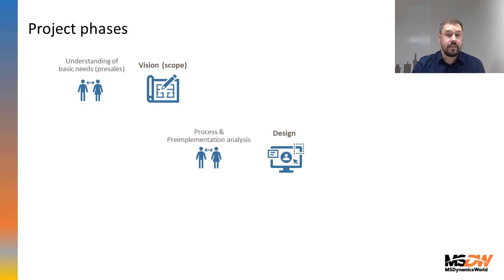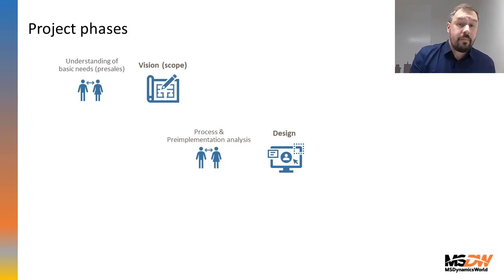The second phase is the analytic phase, where the process or pre-implementation analysis is prepared, and there are two outputs, which can be process maps, in business process modeling notation, BPMN process maps, or the design solution, which usually is designed in some DevOps or something like this.